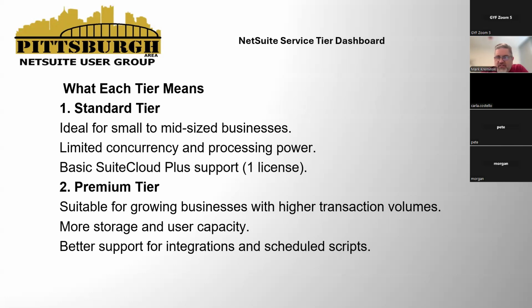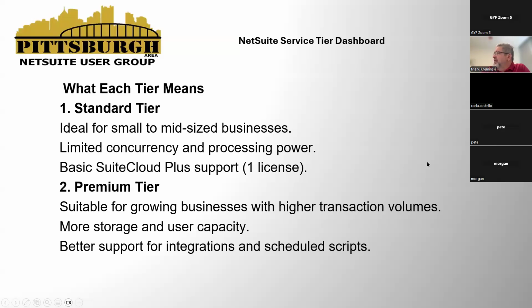Limited concurrency, so your concurrency would be tied to your integrations and your processes that are running behind the scenes. The premium tier is for larger companies that need more storage or more users, and more integrations and scheduled scripts can run. So with the standard tier, you can run one scheduled script at a time.